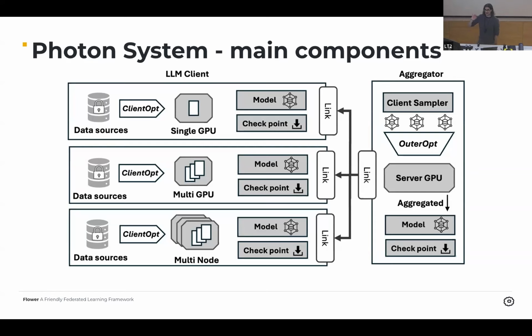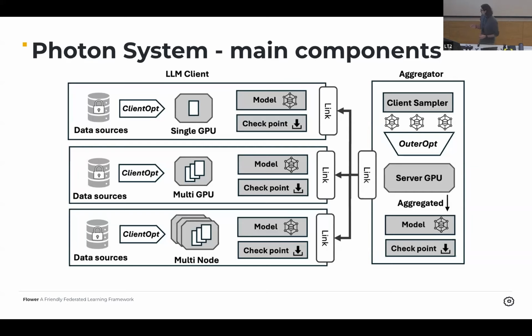We also have a communication link between clients and server, and each of the clients has several subcomponents. They have a part that handles the hardware, so how to manage one GPU or multiple GPUs or multiple nodes, depending on the setting. They execute the local optimization pipeline, that is usually the AdamW optimizer over the entire model or part of it.